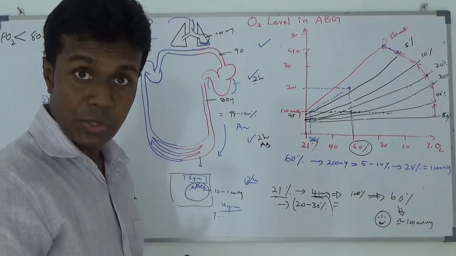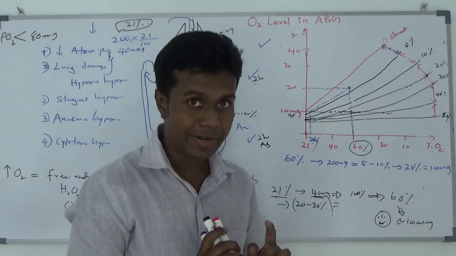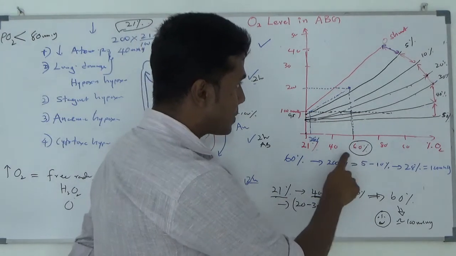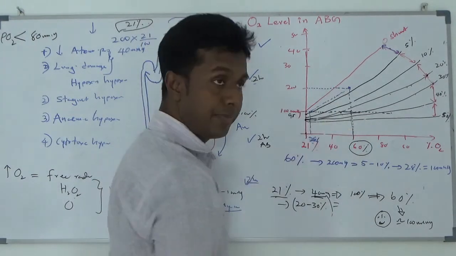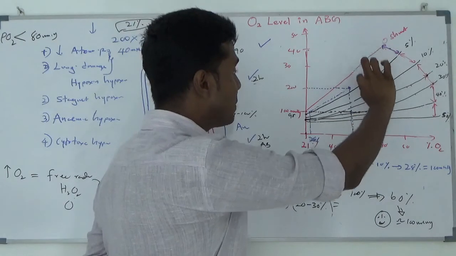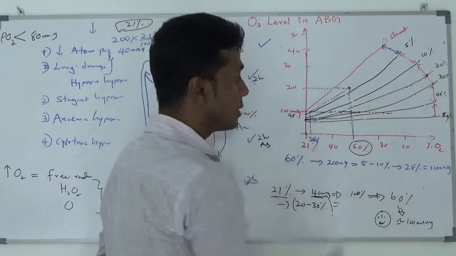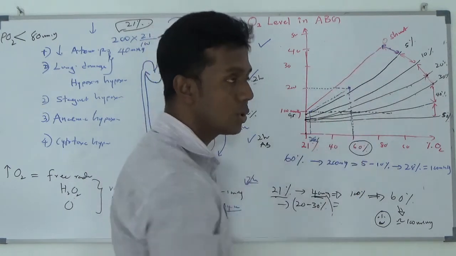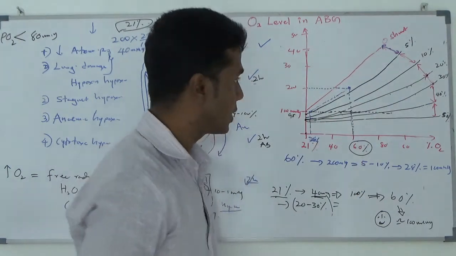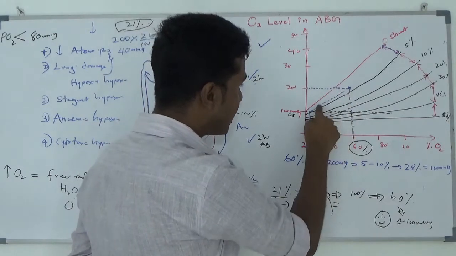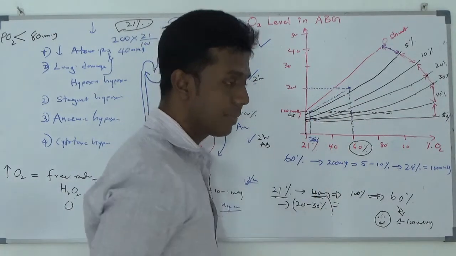Did you get my point, or am I teaching myself? I will repeat it again. With 60% oxygen, my patient had 200. That means my patient's value is in between these two lines, between 0 to 5% shunt. I came along that shunt line until we met the 100.